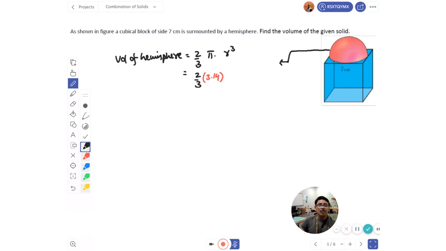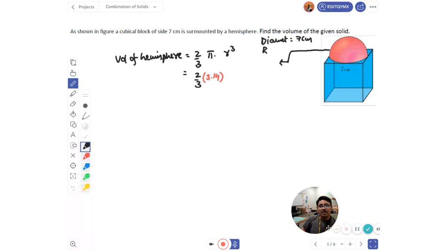Then what is the radius? Here, please notice that this length is given as 7 centimeters, which means the diameter, because this edge of the hemisphere to this edge of the hemisphere represents the diameter, right? Therefore, the diameter is given as 7 centimeters.